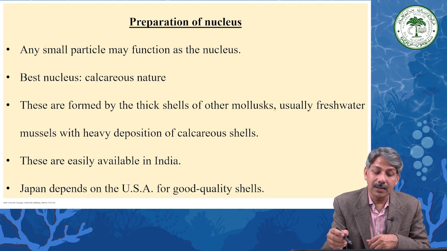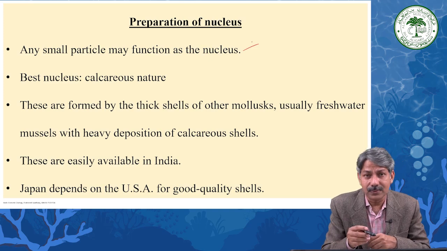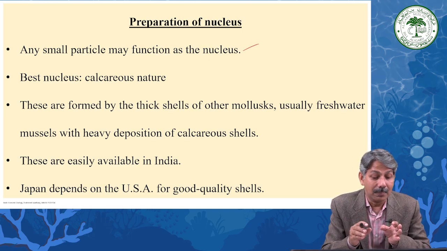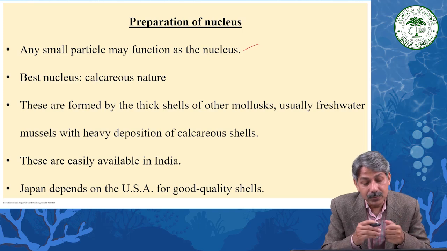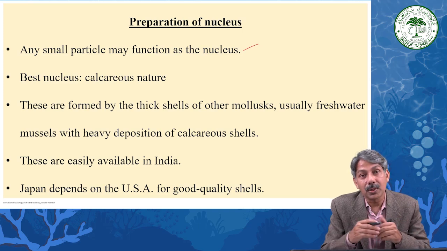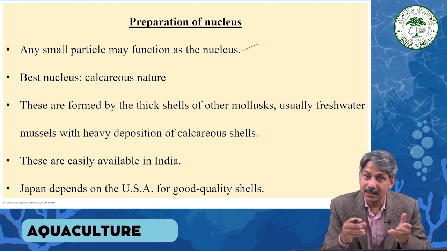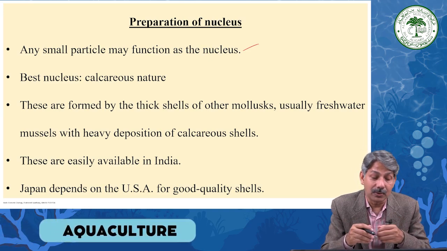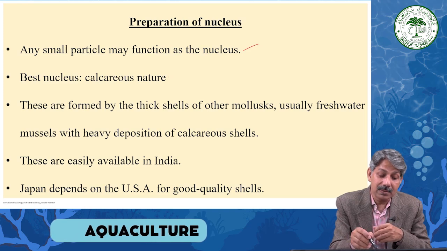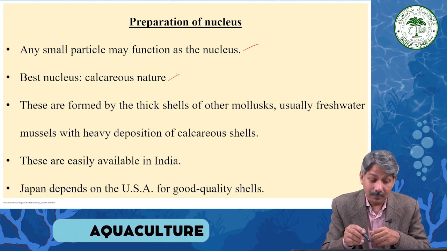Any small particle may function as the nucleus. We have previously discussed that if any foreign material enters and adheres to the mantle, the process of nacre formation and covering it into a sac starts, and that is the beginning of pearl formation. The best nucleus is of calcareous nature.